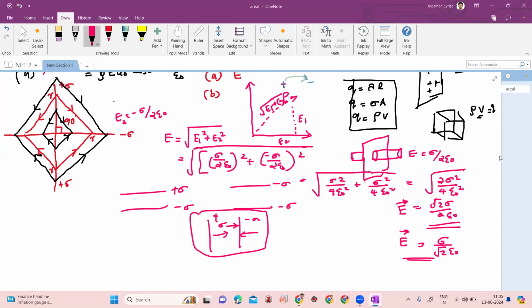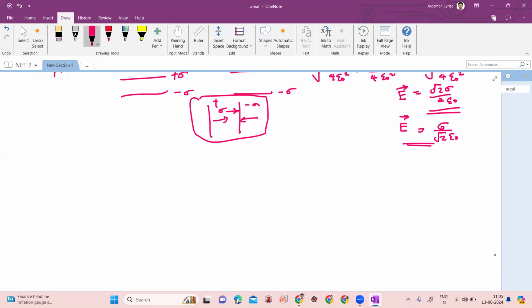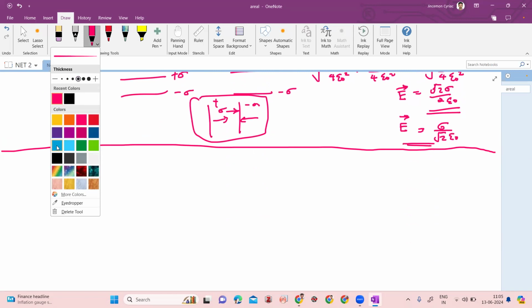Now we can do the second problem. Find the potential and electric field along the axis of a circular ring.